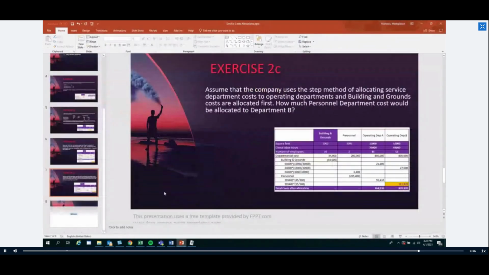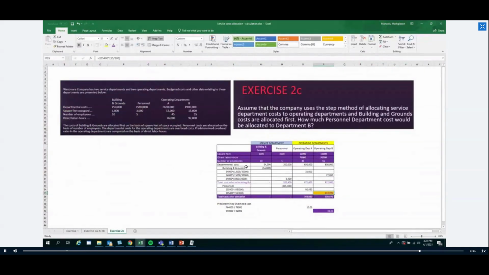Okay? So similarly, kung pinasolve sa atin yung predetermined overhead costs, so ganun pa rin, kukunin lang natin yung this should be 764,030. So pala nagbago dapat to. 764,030.